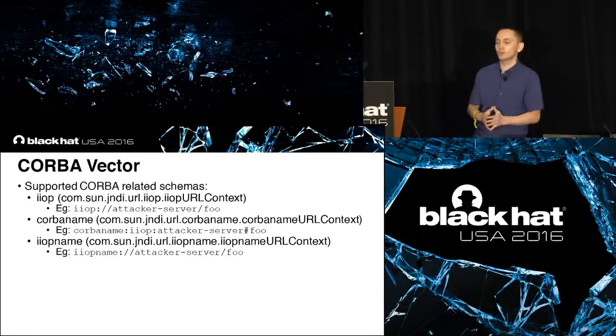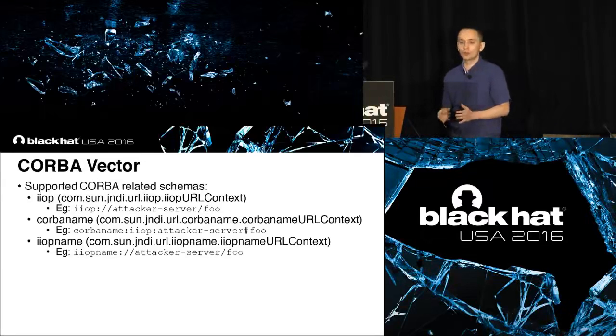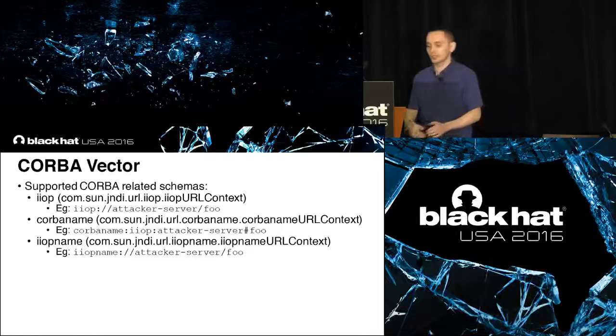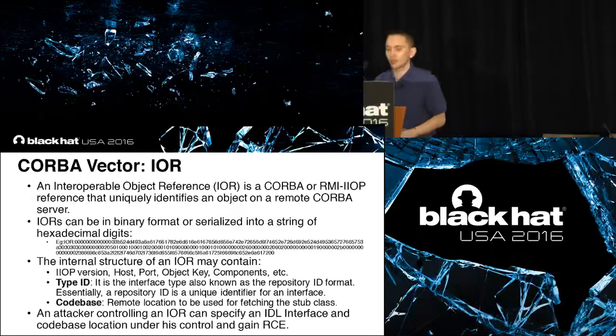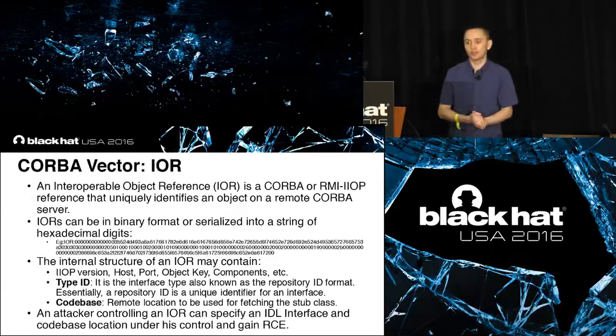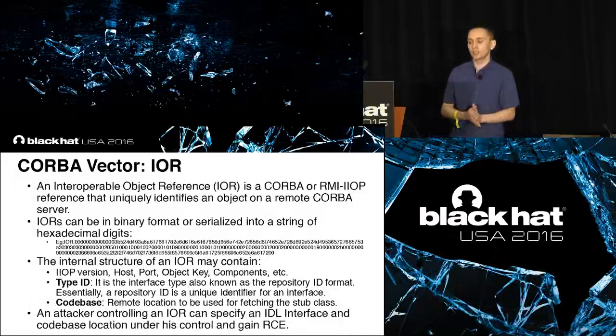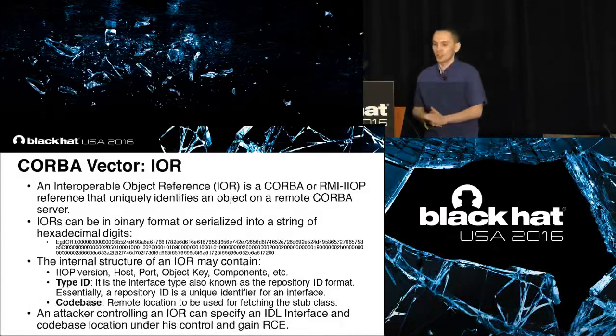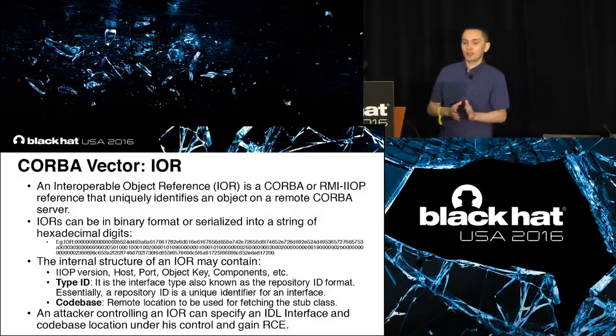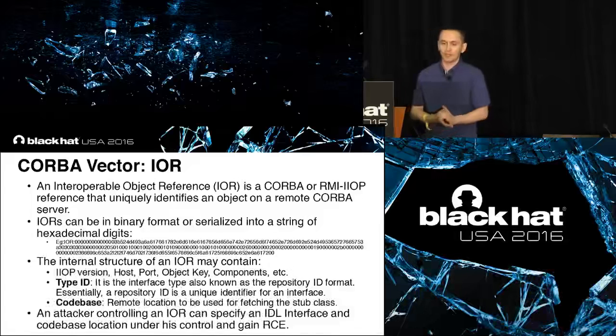These URLs can be used to look up objects from a CORBA server, and the CORBA server will respond by sending an interoperable object reference, or just IOR. It can be in binary format, or start with the IOR prefix followed by a string of hex digits. It may contain a lot of information like version, host, port, object key.